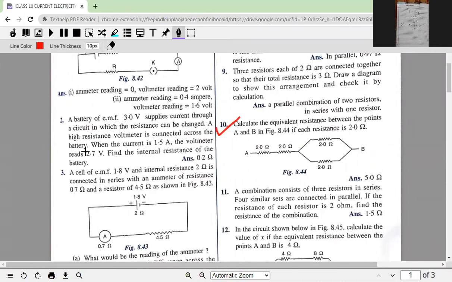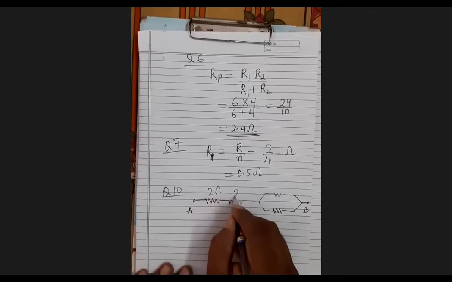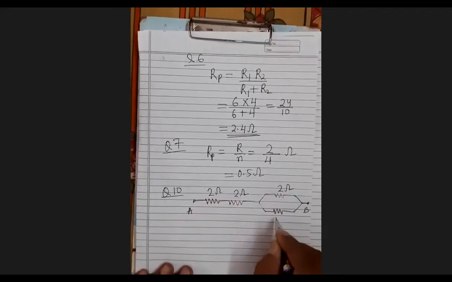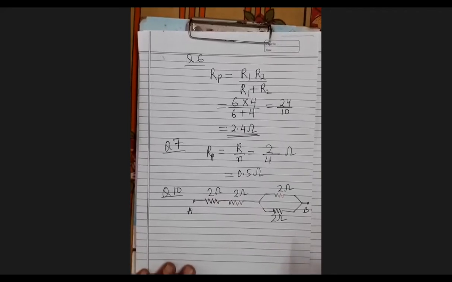Calculate the equivalent resistance between the points A and B. You can see here, this is 2 ohm. It is also 2 ohm, 2 ohm, and 2 ohm. You have to find the equivalent resistance.